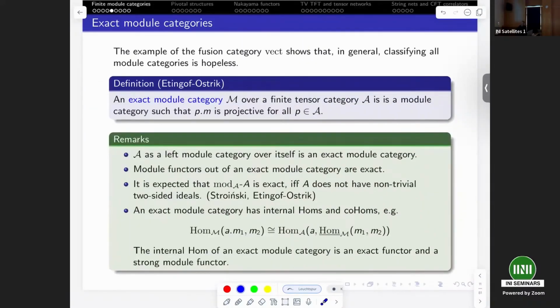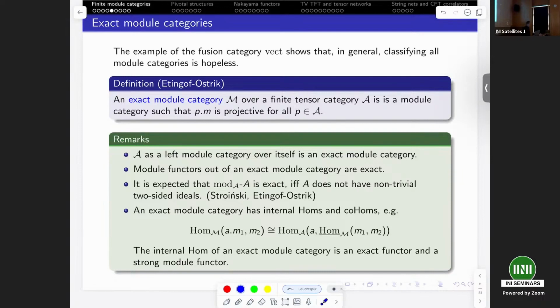Okay, so the first thing is exact module categories exist. If you take a monoidal category, it is a module category over itself, in the same way as any ring is a module over itself, the left regular module. And this is an exact module category for a finite tensor category. Rigidity is important. Then module functors out of an exact module category are automatically exact.